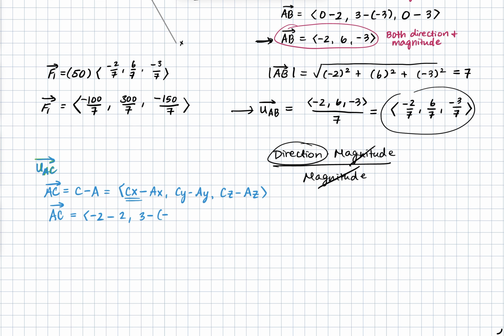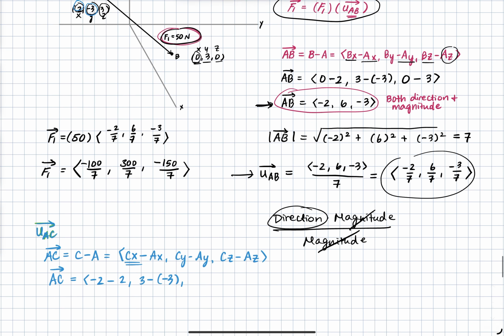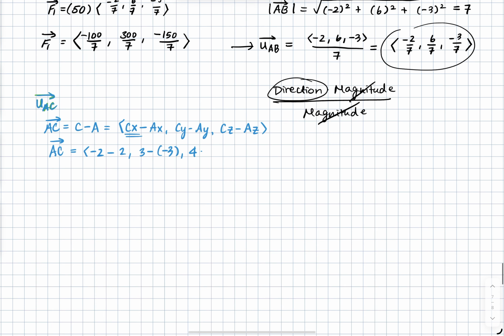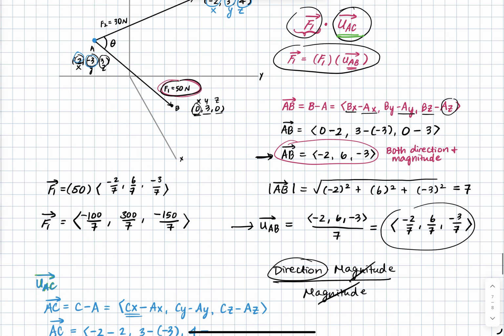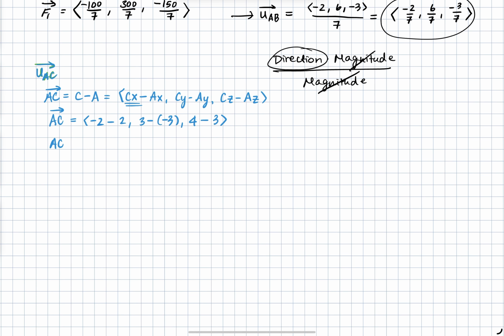So minus -3, comma, CZ is 4. So 4 minus AZ, which is 3. So I'm going to get -3 here. I calculate this, I get AC equals -4, comma, 6, comma, 1. Okay, so now we have AC.